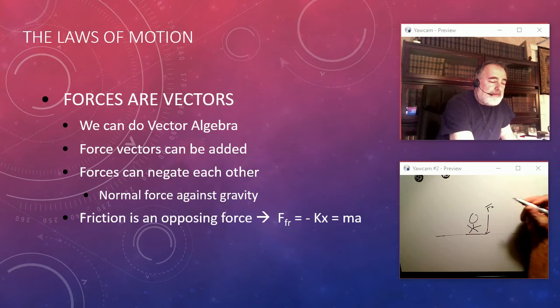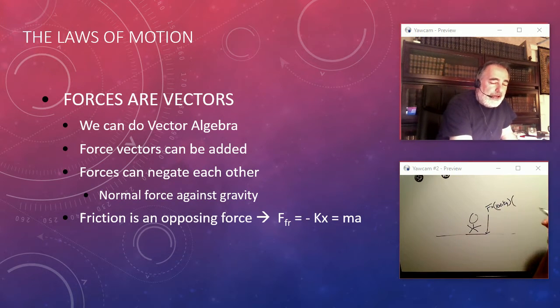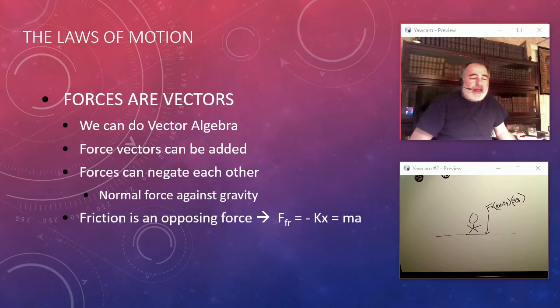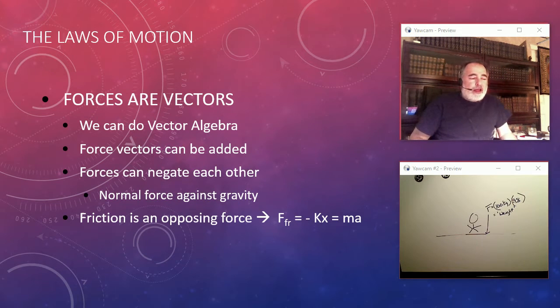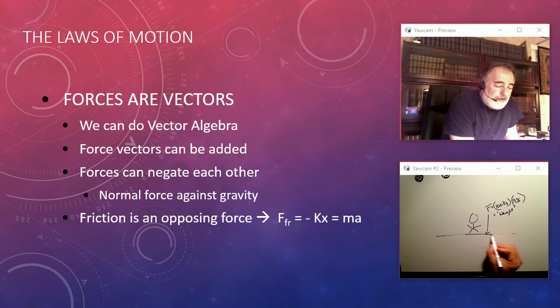Based on my mass, if I am 100 kilograms, and gravity, negative 9.8. That is the force we can call weight. And that is pushing me down.